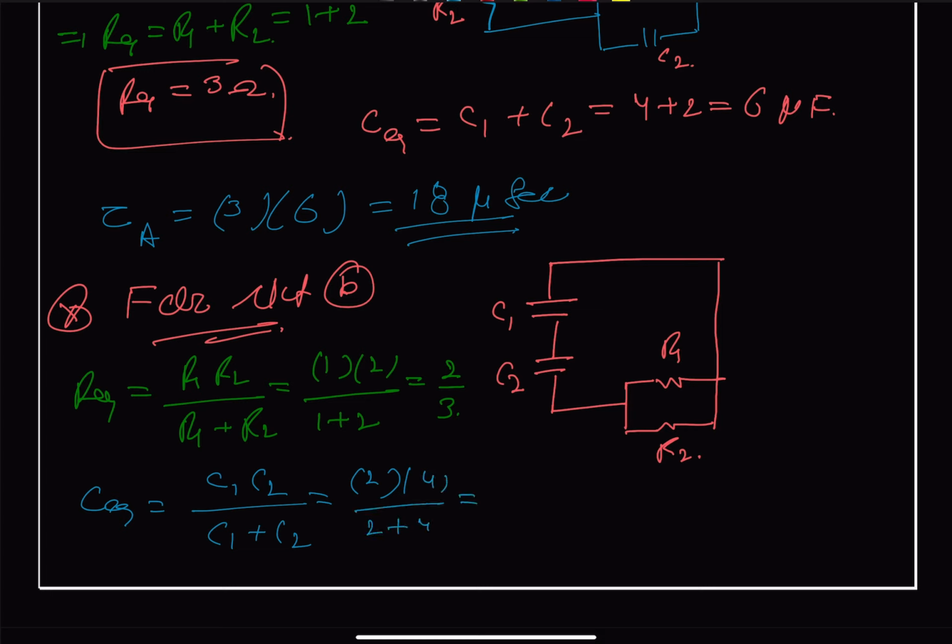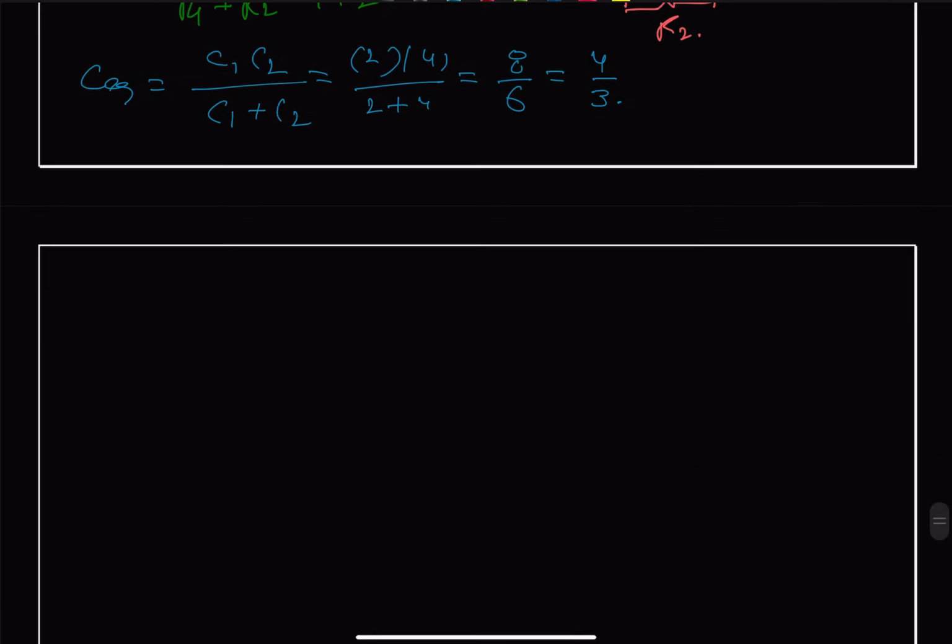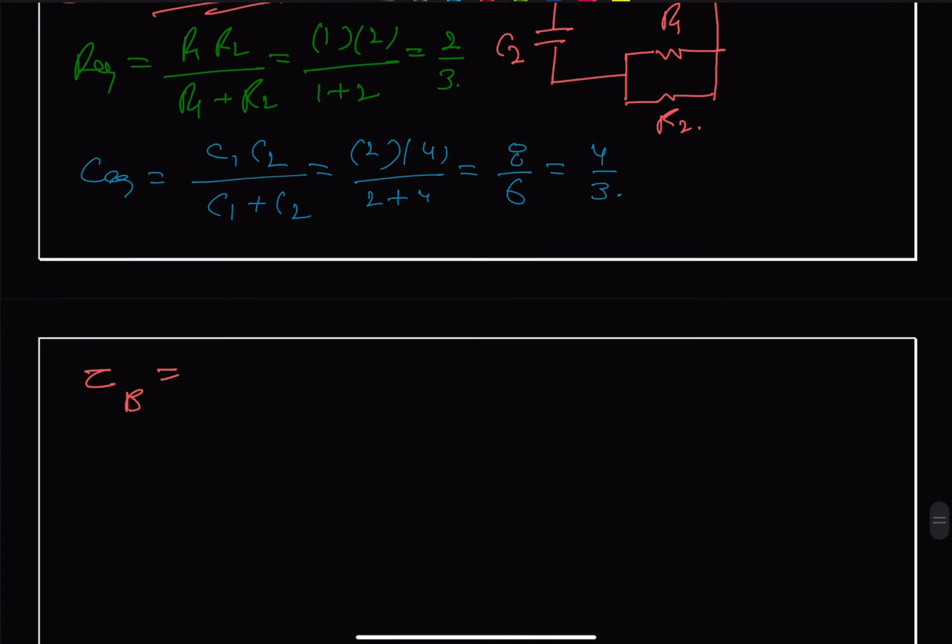This comes as 8 divided by 6, which is 4 by 3. Therefore, the time constant for circuit B is 2 by 3 multiplied by 4 by 3, which comes as 8 divided by 9 microseconds.